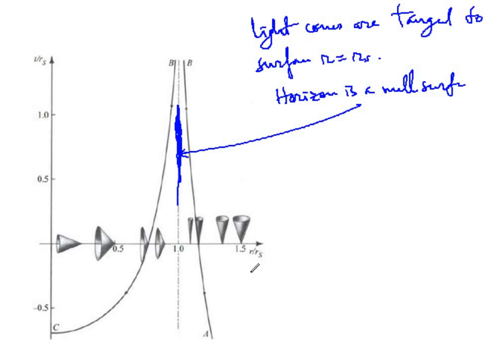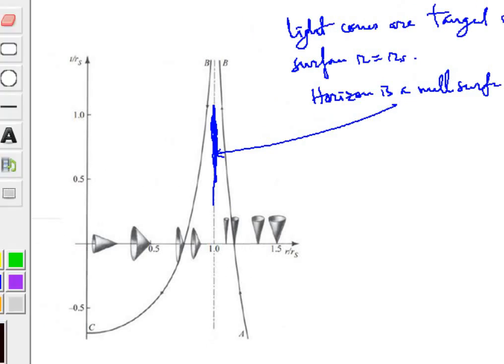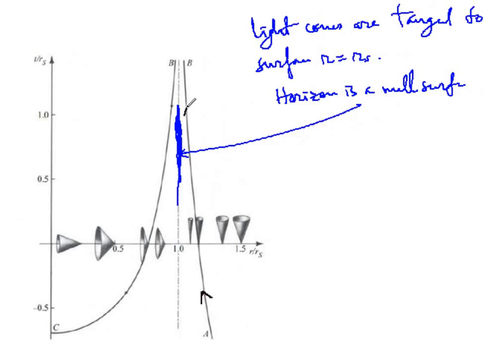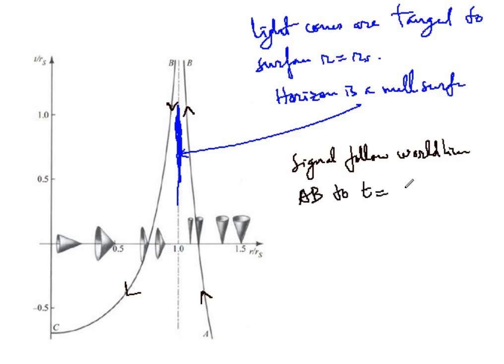Now this signal follows the world line AB, this is the inward direction, to t equal to infinity, and then it follows the world line BC to r equal to 0.